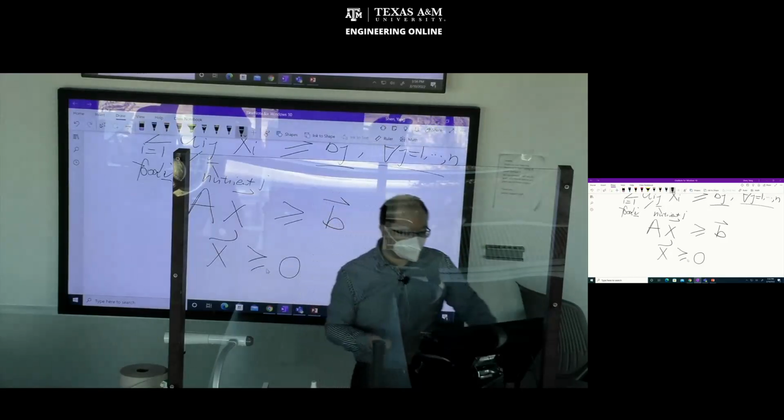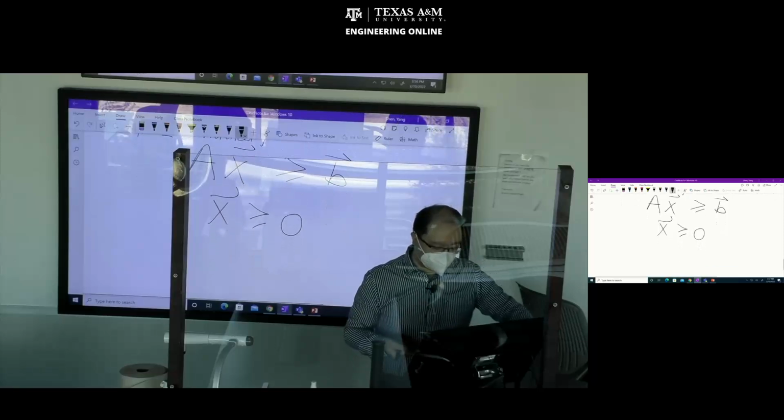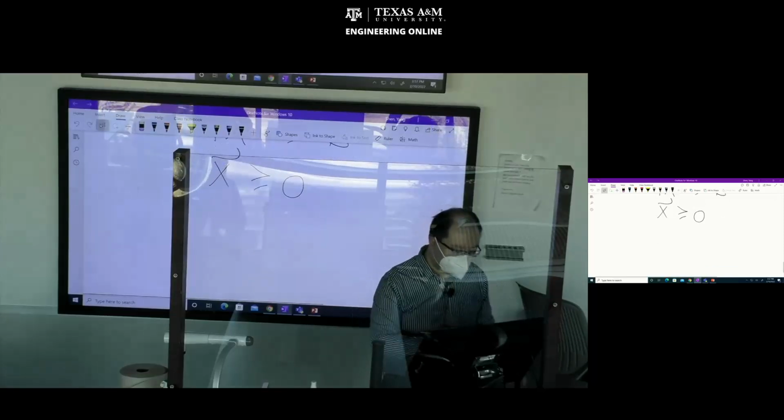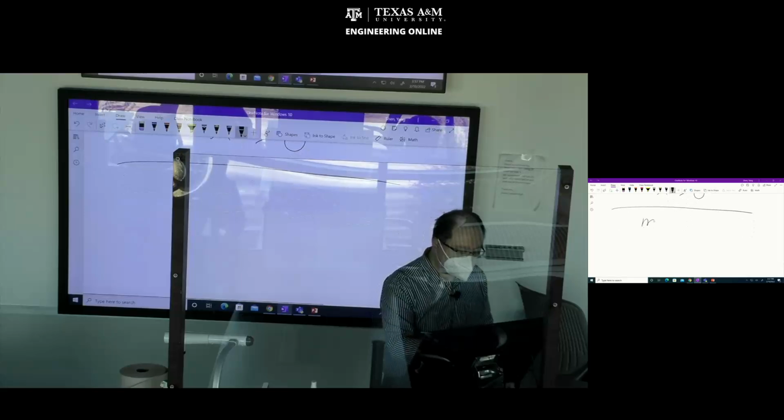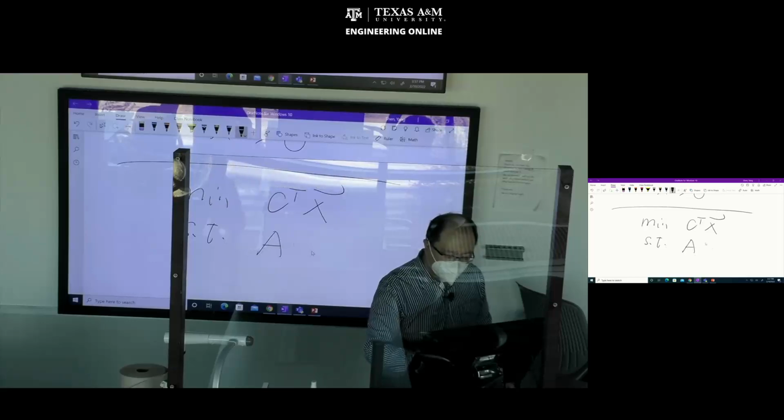Okay. Another thing, again, remind yourself about this general formulation. Minimize c transpose x subject to Ax bigger than or equal to b.